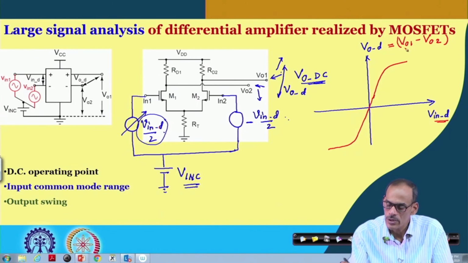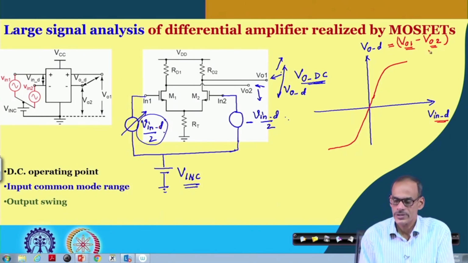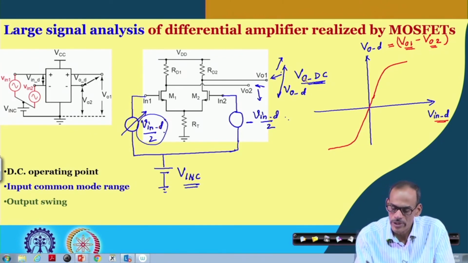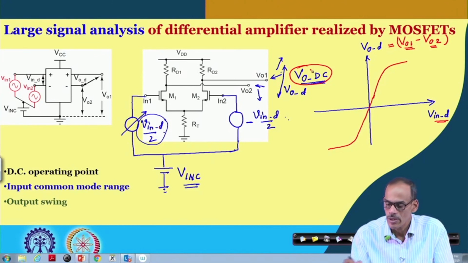Note that this VO1 and VO2 represent large signal voltage. Both of them have the same DC voltage of VODC, but once we subtract, that gets removed. So, the range of this VOD is in fact positive and negative. This is the 0 level, and this is positive and this is negative. Same thing for Vin.